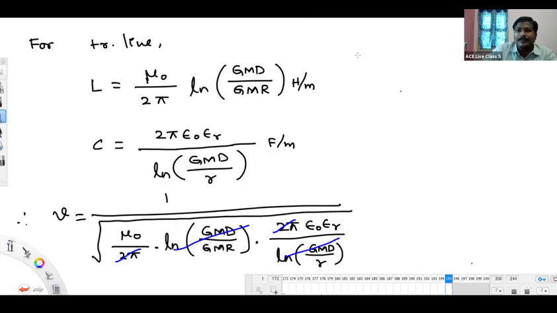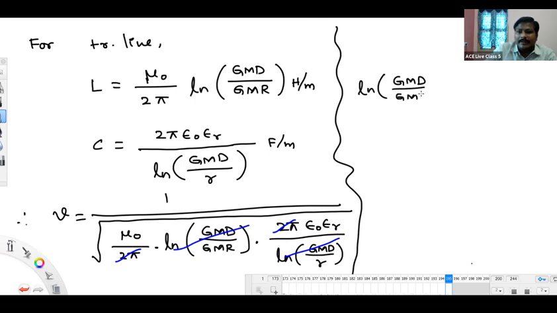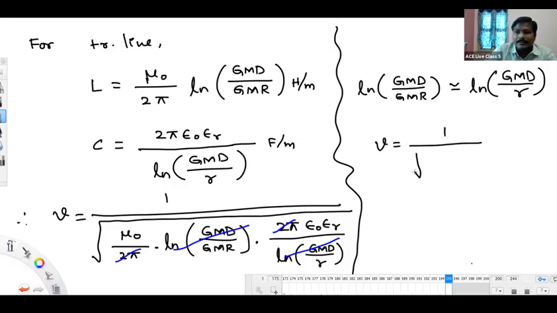Then you get the velocity of wave as 1 by square root of mu naught into epsilon naught into epsilon r. That's the velocity of wave propagation.